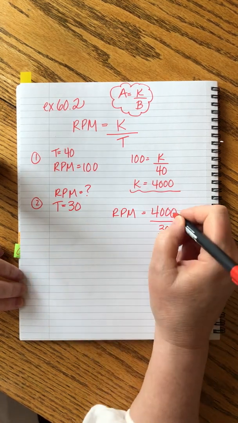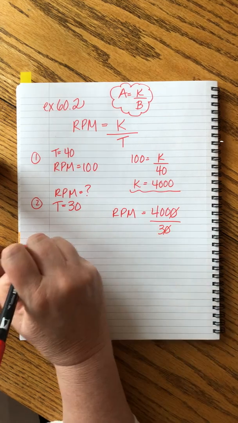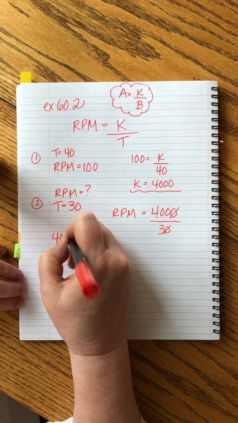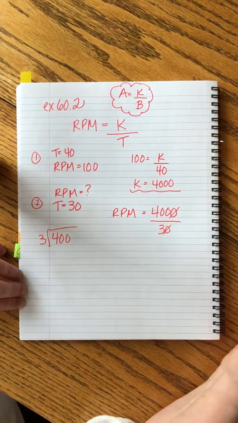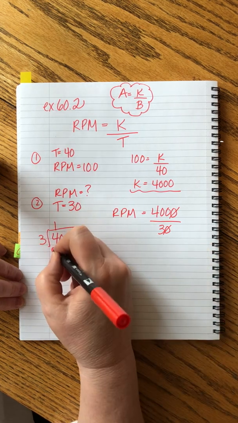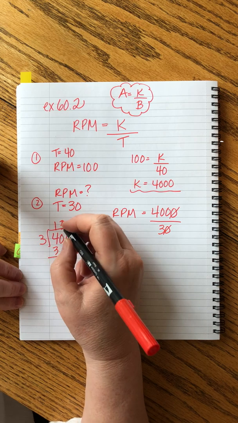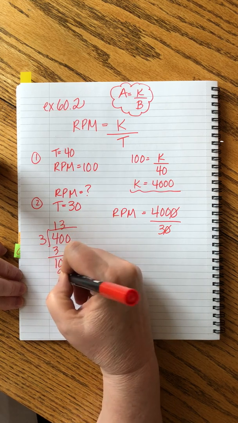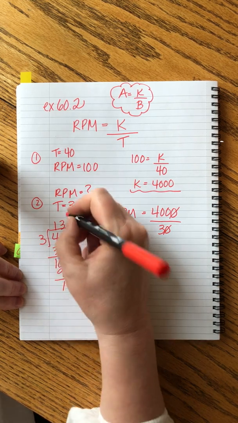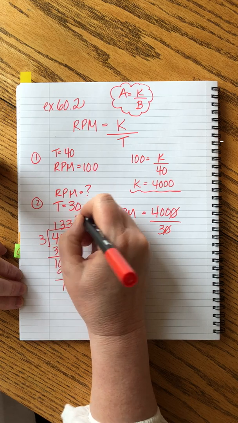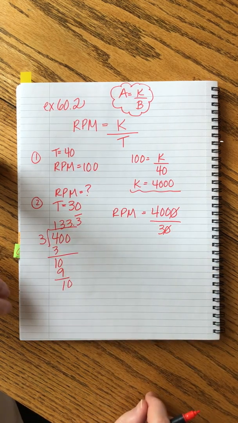So let's figure out, I can divide both sides by 10, top and bottom. Let's do 400 divided by 3. I don't think I know that off the top of my head. We've got a repeating decimal thing.